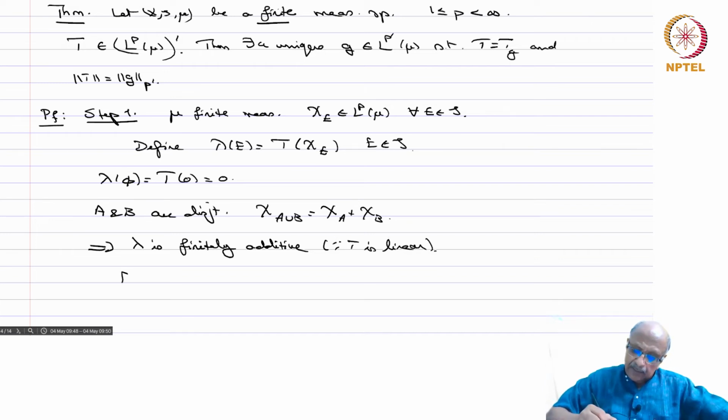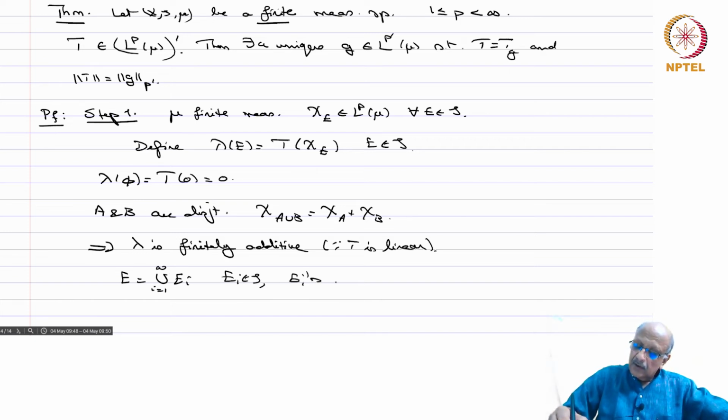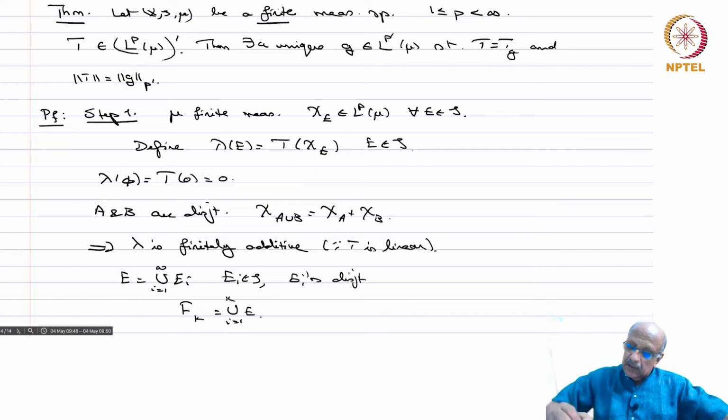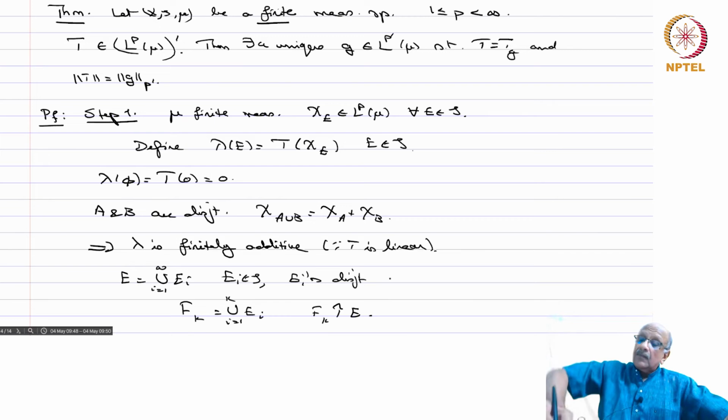Now let E be the union of E i, E i in S, E i disjoint. Then we do the usual thing: F k equals the union i equals 1 to k of E i, then F k increases to E.